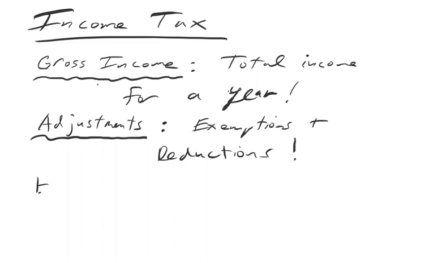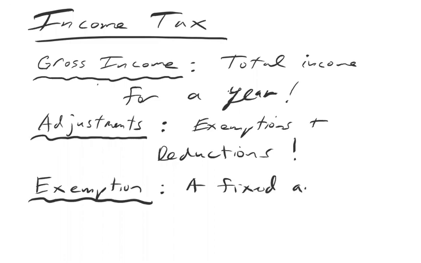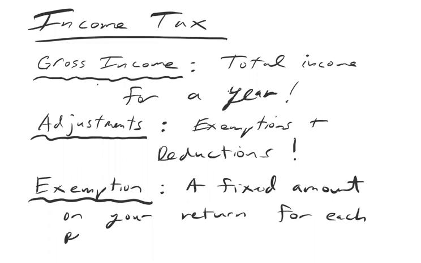So an exemption is a fixed amount on your return for each person supported by your income.